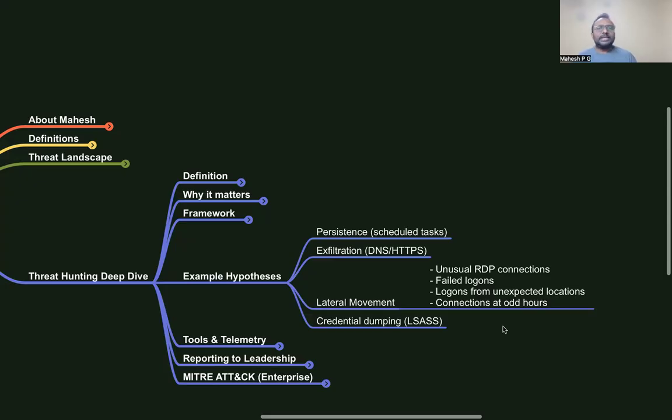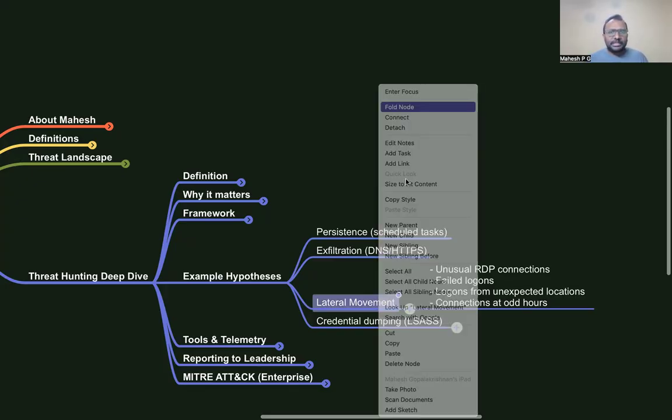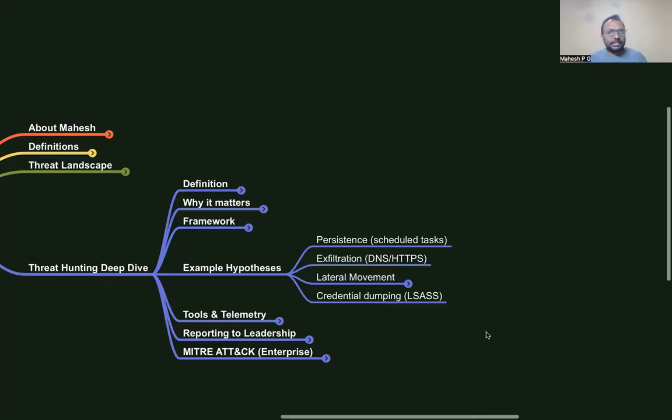These are behavioral-based checks we normally do in the threat hunting process. Then another one is credential dumping, related to the security system of Windows. These are some of the hypotheses. There are n number of hypotheses we can talk about.